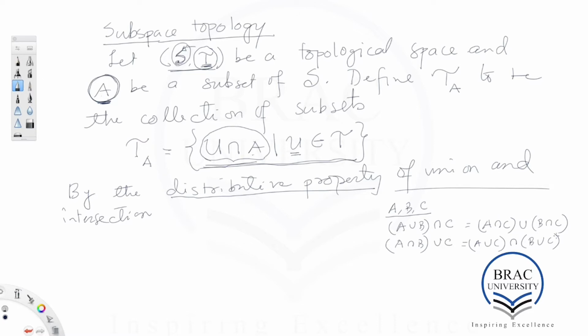So using these properties, we see that the union of these sets is the same as this union intersected with A. It follows from this; it's a generalization of the first distributive property, right?